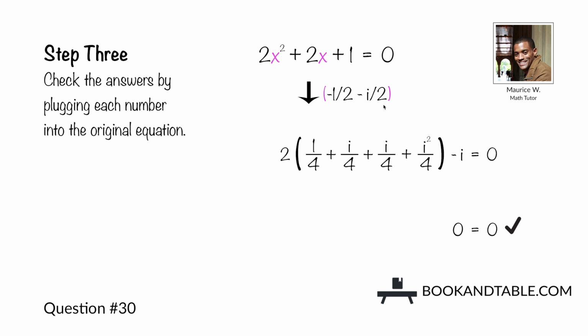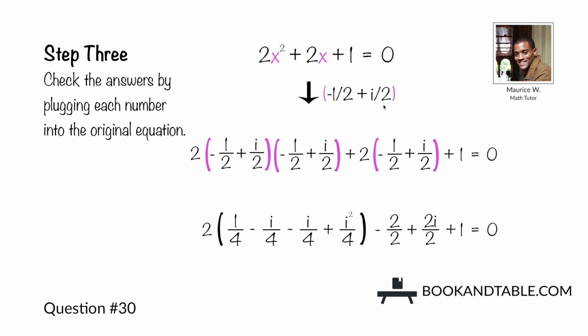And now we test the second value, negative 1/2 plus i over 2. We'll expand the x squared first. Negative 1 times negative 1 is 1 over 2 times 2, which is 4.